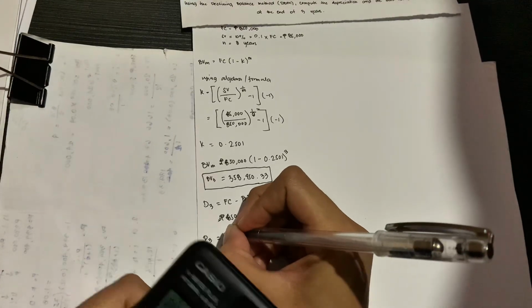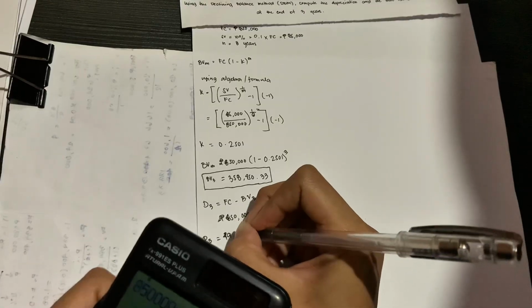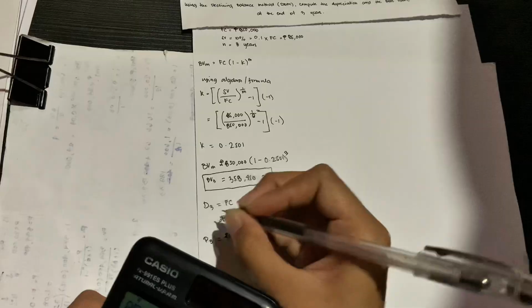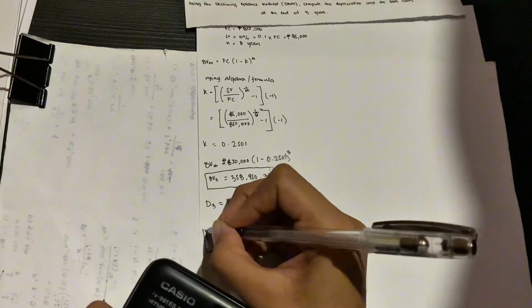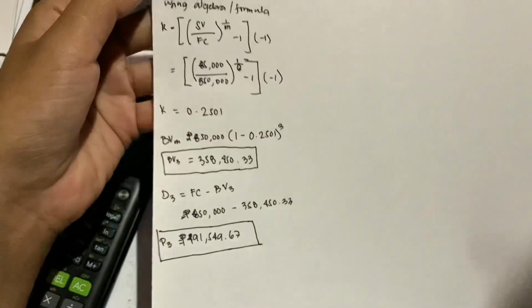Now our depreciation after 3 years is 491,549.67 pesos. Now this is our final answer.